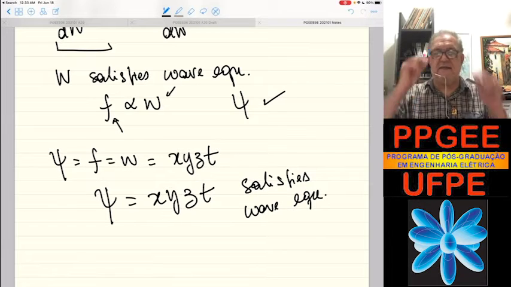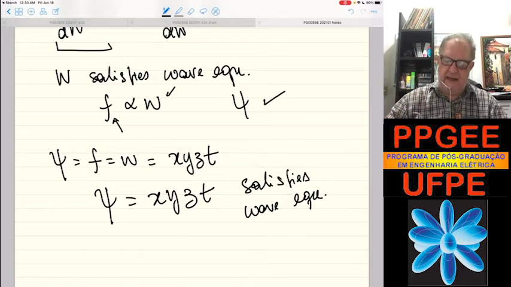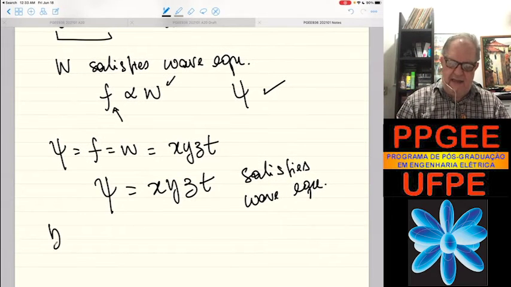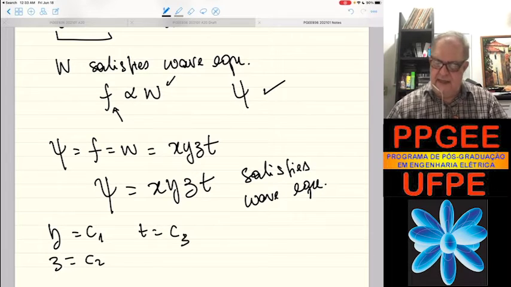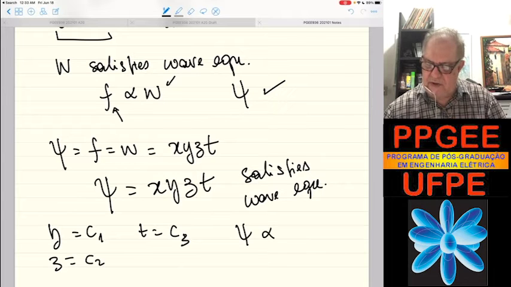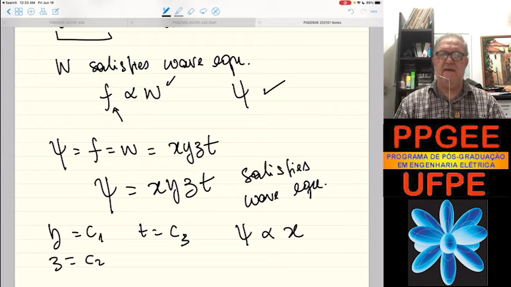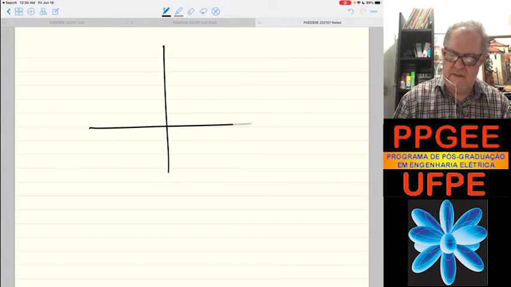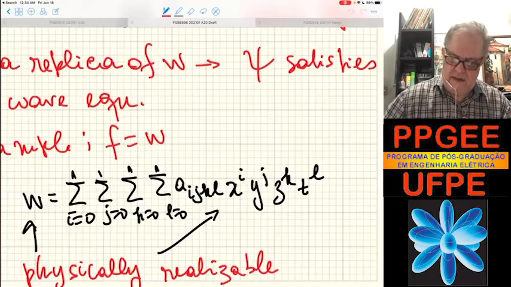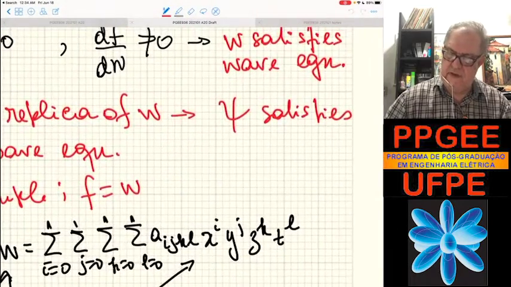Right? But it's not a wave. Okay? If I make y constant, z constant, and t constant, then psi is proportional to x, for a given time. So if we make a plot, sorry about that.